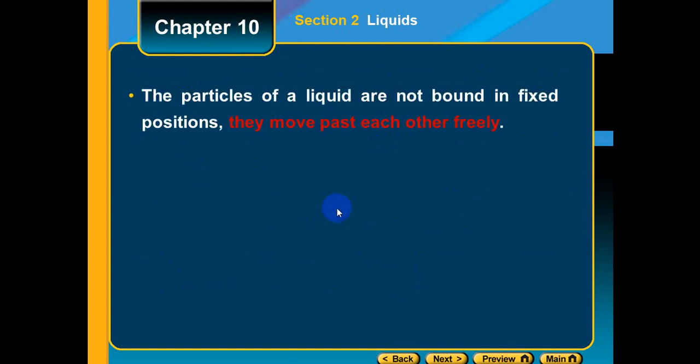Why are the particles of a liquid not bound in fixed positions? They move past each other freely due to weaker intermolecular forces. There are intermolecular forces, but they are weak. So the particles of a liquid move past each other freely.